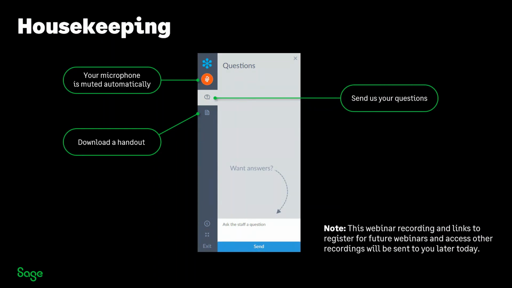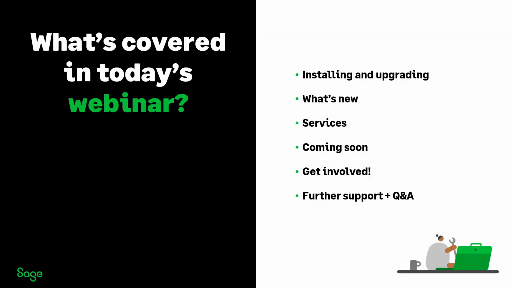Let's have a look at what we're covering in today's session though. So this is our agenda. I just want to quickly mention a little bit about installing and upgrading, where you'll find information on that. Obviously, we'll run through what's new feature-wise. Not a great deal of change this time around. Mention some of those services, give you an idea of what's coming soon, and also how you can get involved as well.